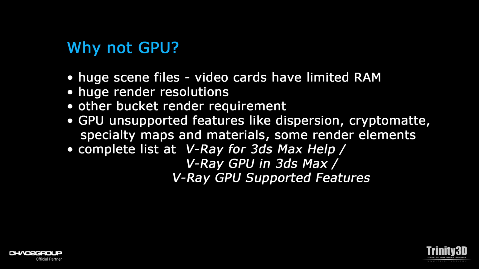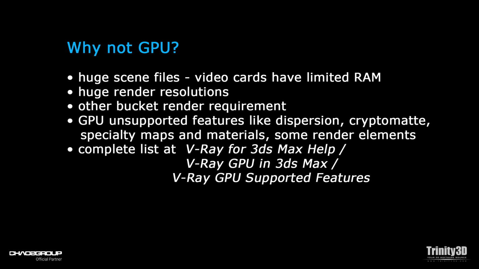I'm sure that'll get bigger soon, and the pro level cards can actually be ganged together, so you can gang two 32 gig cards and have 64 gigs of RAM. But these cards are multi-$1,000 video cards. Another possible reason is if you ever need to output to a really large image size, like say 20,000 by 20,000 pixels, you can still do that with V-Ray through bucket rendering and saving to VRIMG.